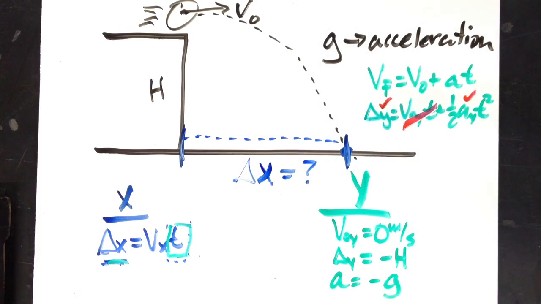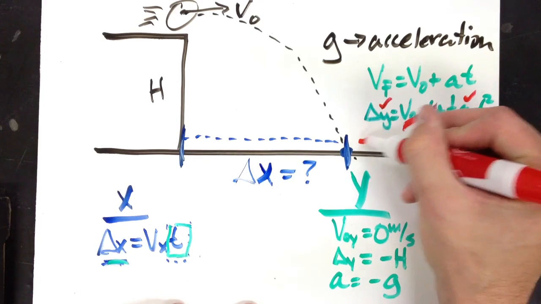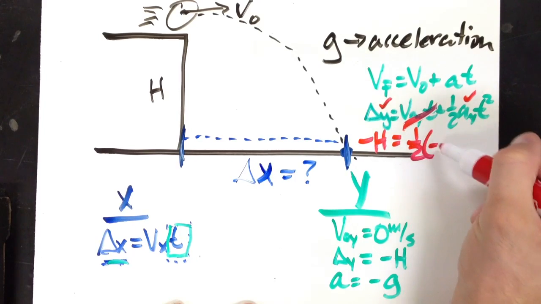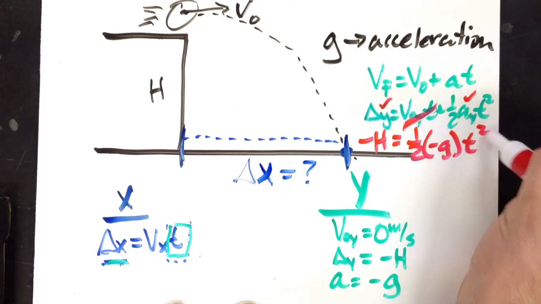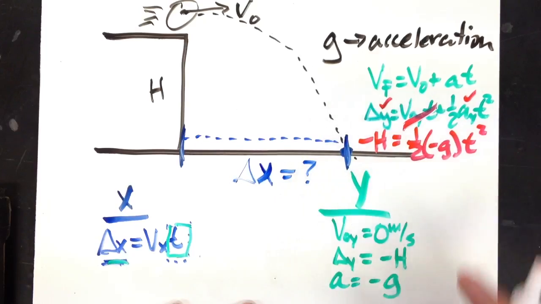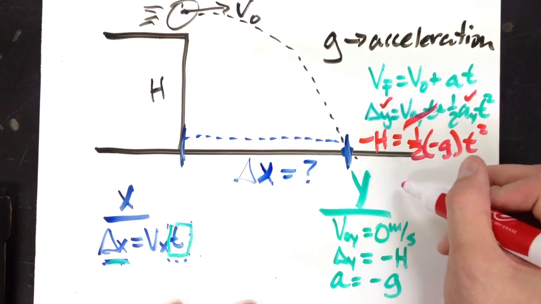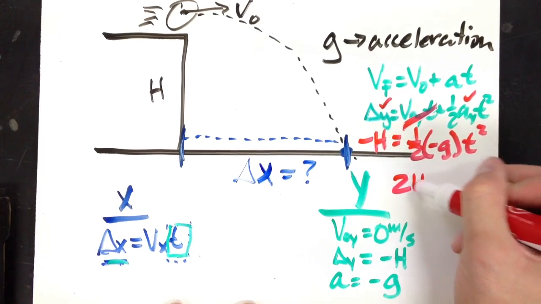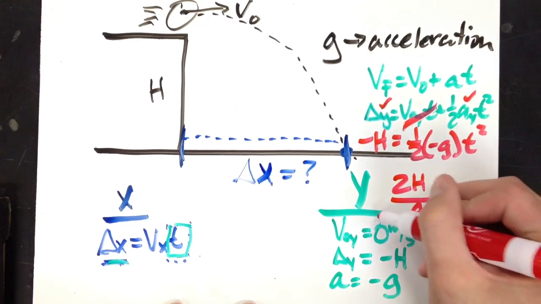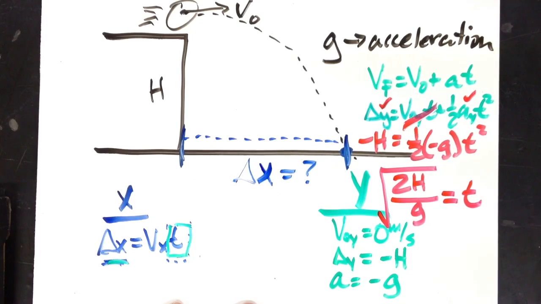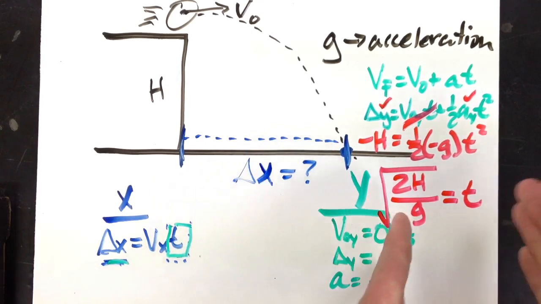So let's use this equation and let's solve for time. My delta y was negative h equals 1/2 of negative g t squared. My negatives cancel, and solving for t, I would get 2h over g, and then the square root of that would be time. Now I know time.